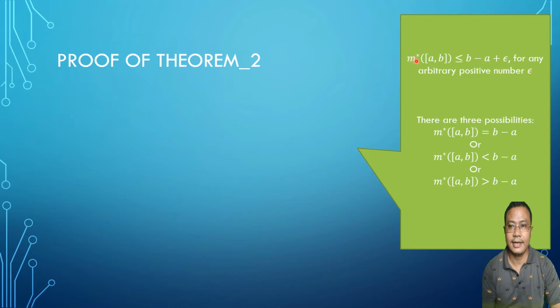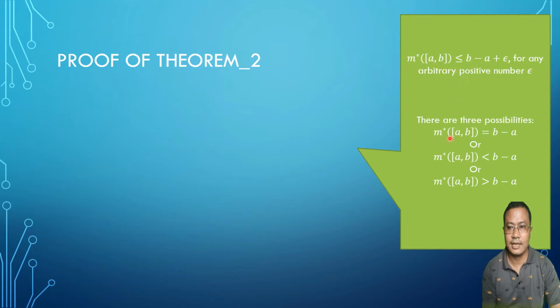Alright, so then what do we have? We have this inequality: the outer measure of the closed interval [a, b] is less than or equal to b minus a plus epsilon for every positive number epsilon. Then we want to establish the relationship between m star [a, b] and b minus a.